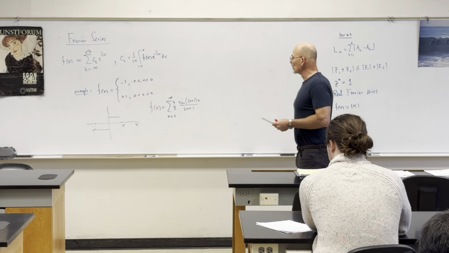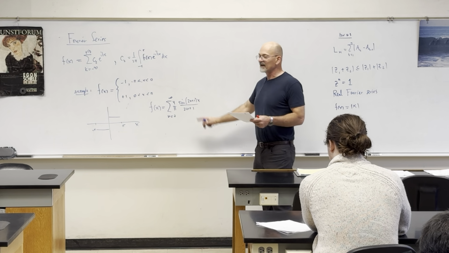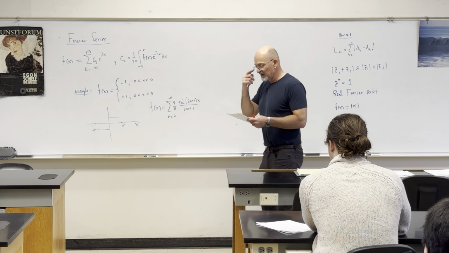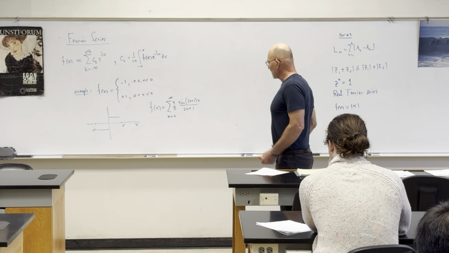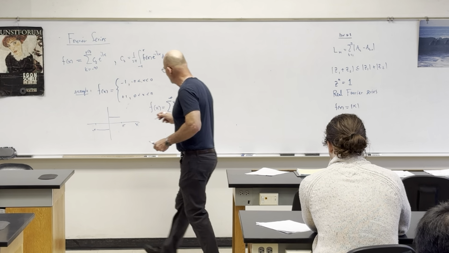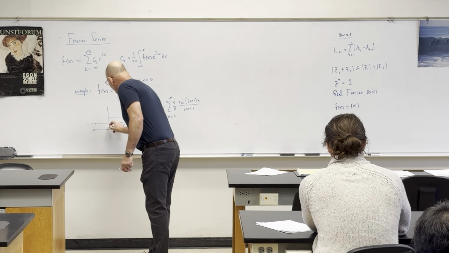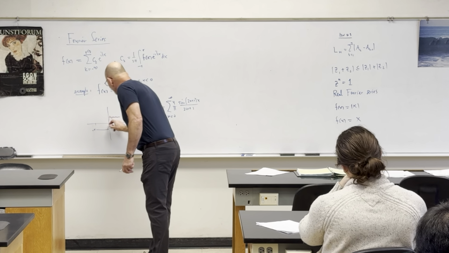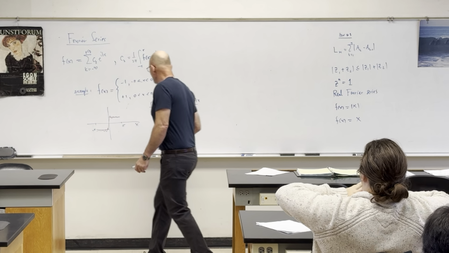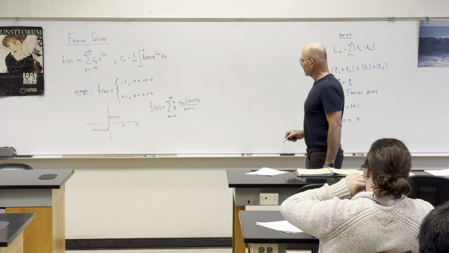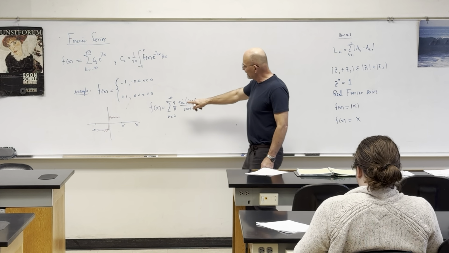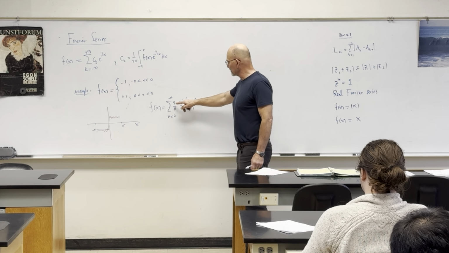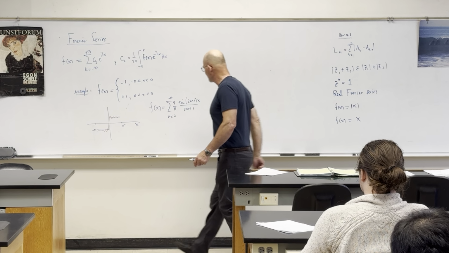If you sum from n equals 1 to infinity, you'd have 2n minus 1 instead of 2n plus 1. So, one or the other. Okay. If you add up a few of these, you're starting to get something that goes like that. And 4 over pi is slightly more than 1, so we get this overshoot.